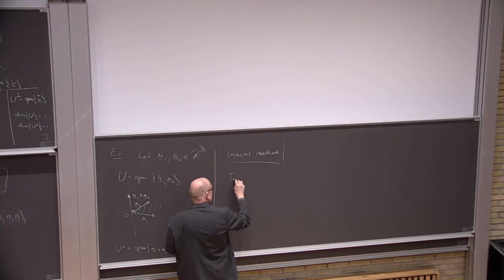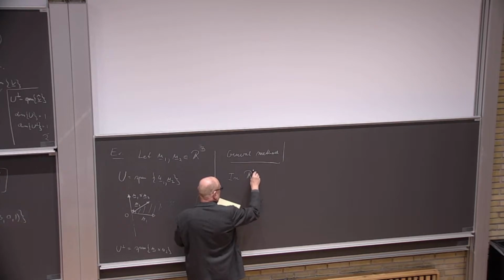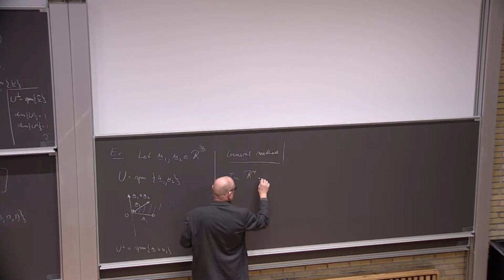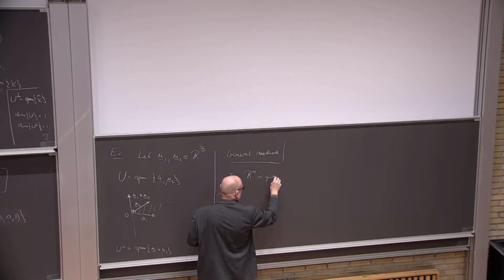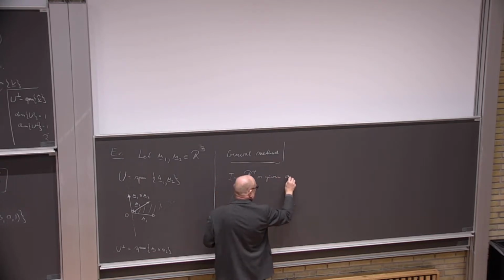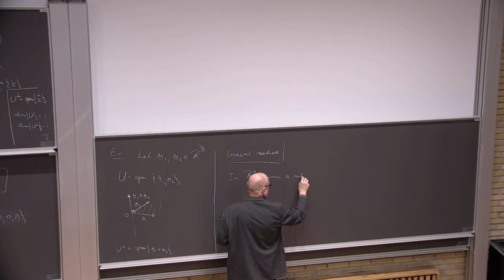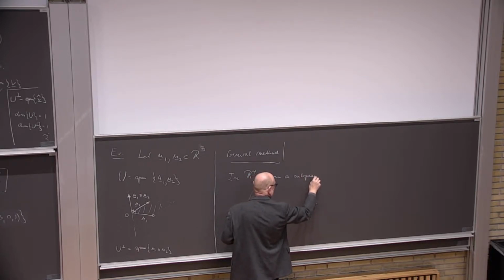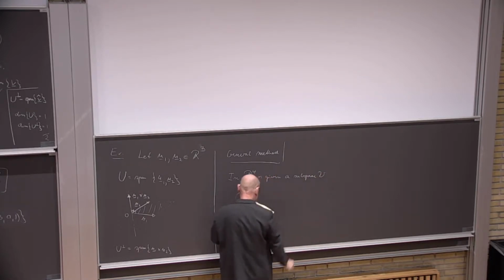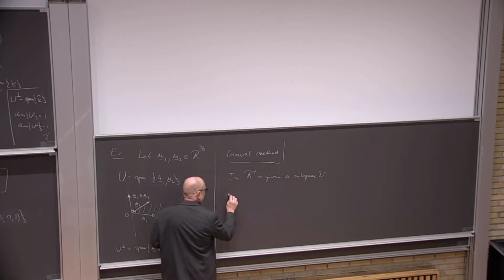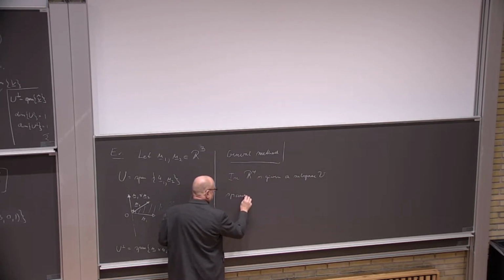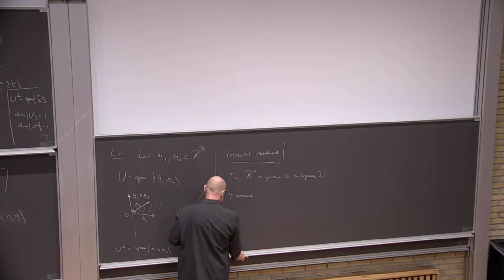So we are given, in R4, a subspace U, and it's spanned by these 3 vectors here.